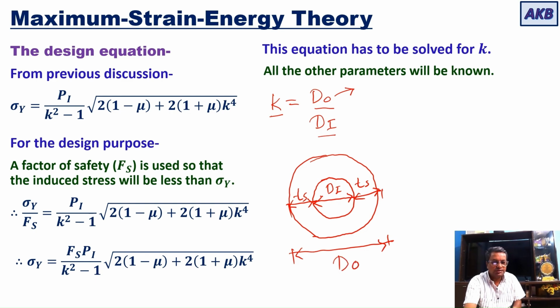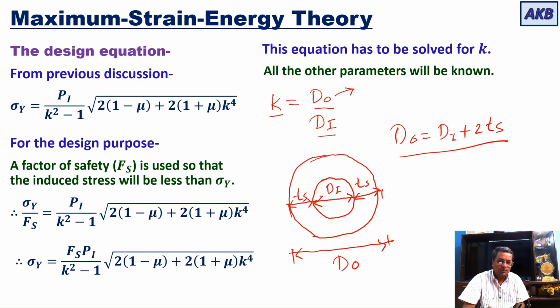That means do is ts plus di plus ts, that is do will be equal to di plus 2 into ts. So you can simply use this equation to get the thickness. So in this way, by using the maximum strain energy theory, you can get internal diameter, external diameter and thickness for high pressure vessels. And in this way, you have to use the theory to design the high pressure vessels.